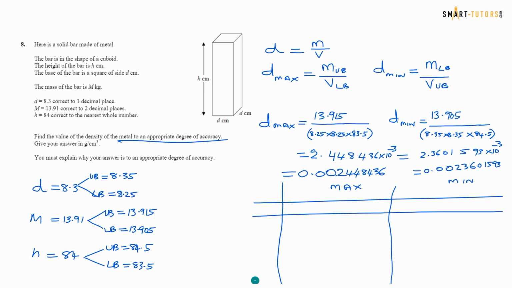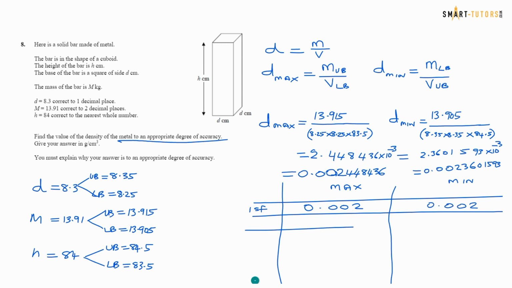So 1 SF. SF means a 0 in front of the number is not going to be counted. So 1 SF means my first significant figure is the 2, and the next to it is 4. So 0.002 is the answer. If I round the minimum value to 1 SF, it's going to be 0.002.